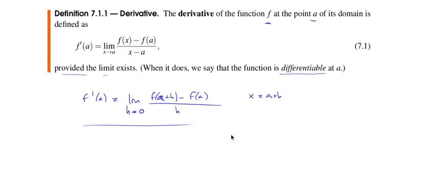The idea is that this derivative is the slope of the tangent of the curve at this particular point. That's a very important geometric way of understanding the derivative. For any function, the derivative at that point is the slope of the tangent, which is the line that touches the function at that point but doesn't cross it.